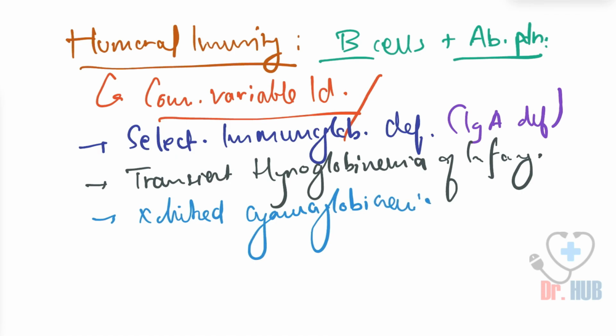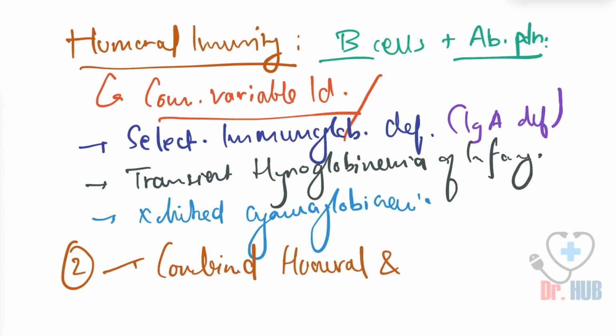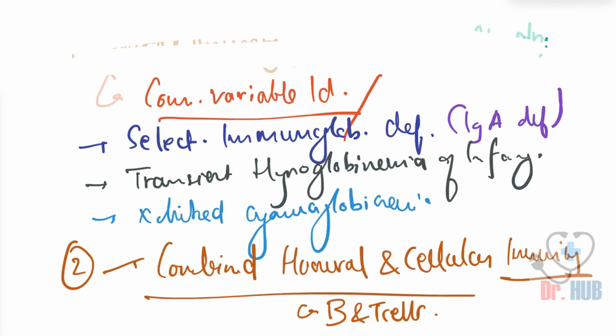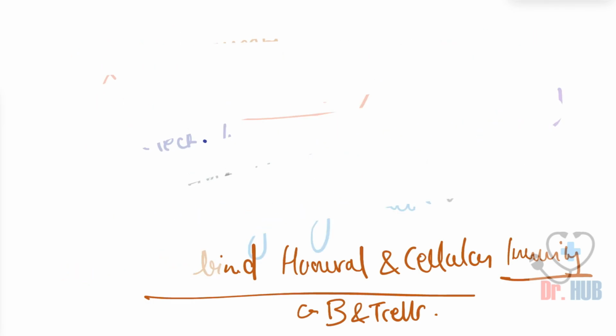So the next question we asked was, what is a combined humoral and cellular immunity? What do you mean by this? It includes the problems of the B and the T cells. So what are the disorders associated with this?